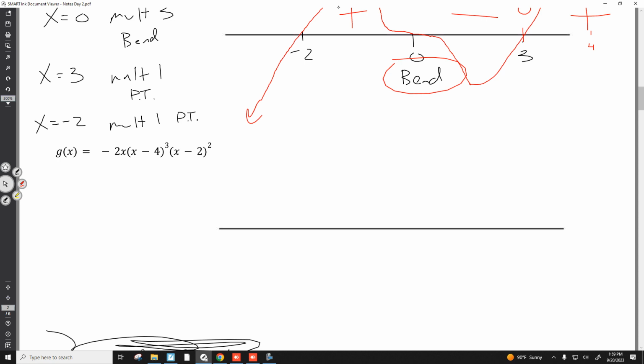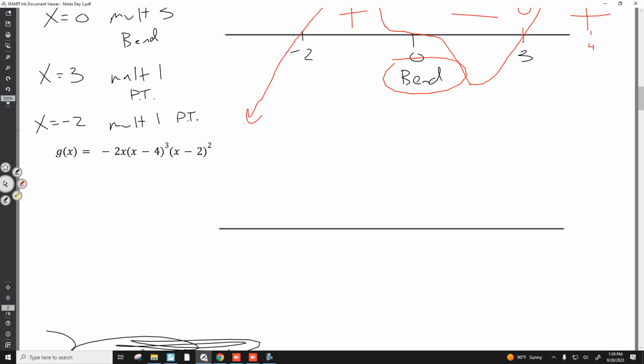Try to bend, though. Slow down, bend on the way through. Bends are tough.